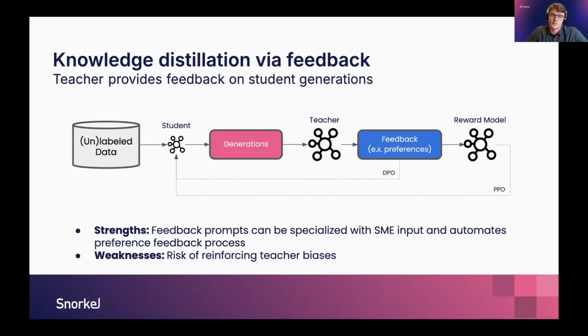The risk here, of course, like commonly found in distillation techniques, is the risk of reinforcing teacher biases. And my answer to this is data-centric, of course. We need to look at both the data that is being used as seed knowledge to elicit knowledge from the teacher, as well as the curated data set that is being used for the student model training.